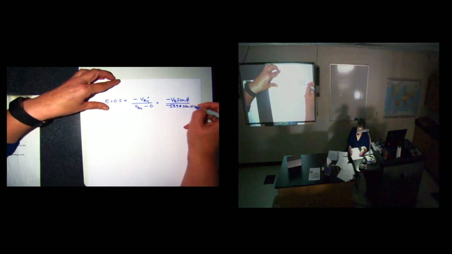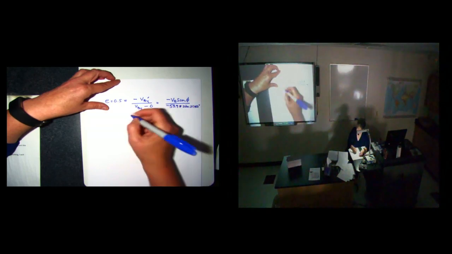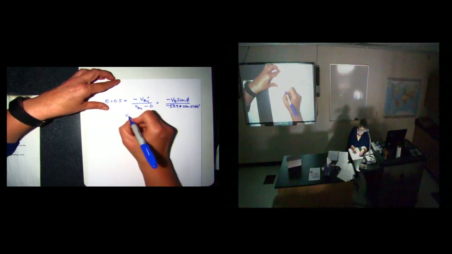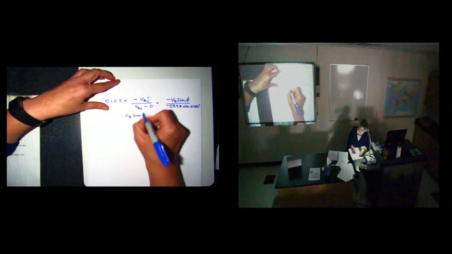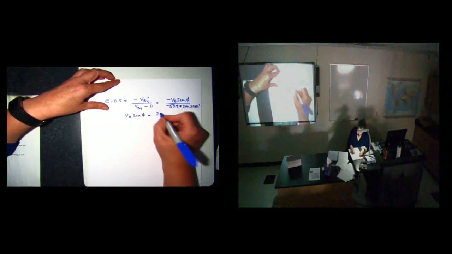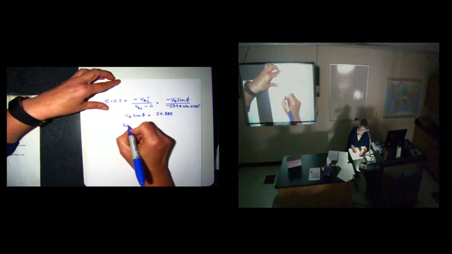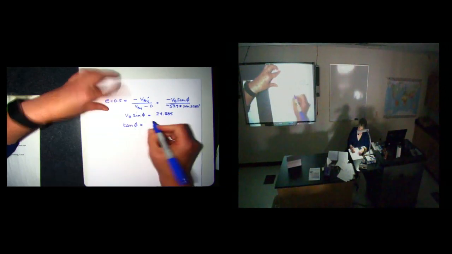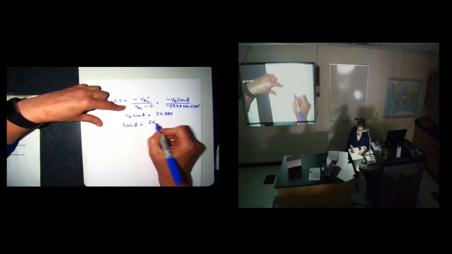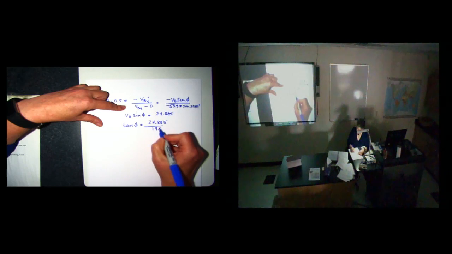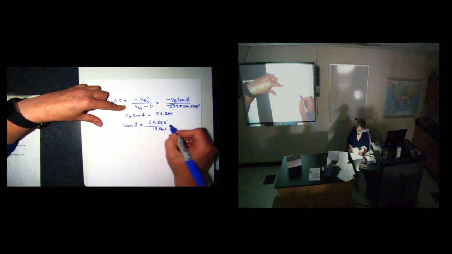We're told that this is 2 feet away, this is 8 feet away, and this happens to be 3 feet away. We're told that the initial velocity of A is equal to 10 feet per second. And this is going to be elastic in its collisions.